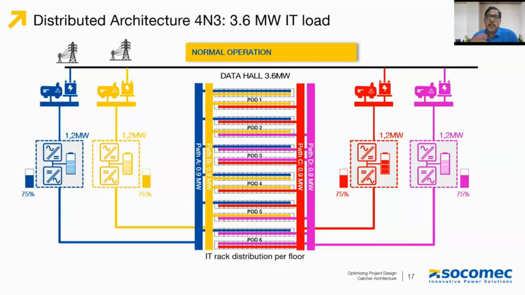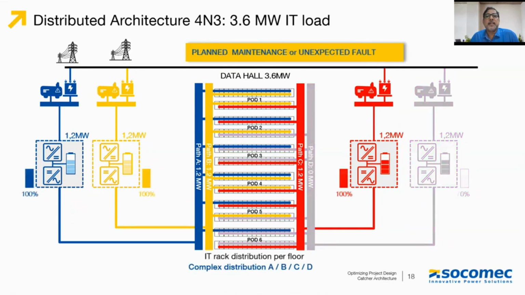Now here, in this architecture, although there is a reduction in the installed capacity of the systems, practically there will be some challenges compared to 2N when it comes to managing the distribution of these four parts, because unlike 2N, here there are four parts trying to make best use of the dual supply architecture of the servers.